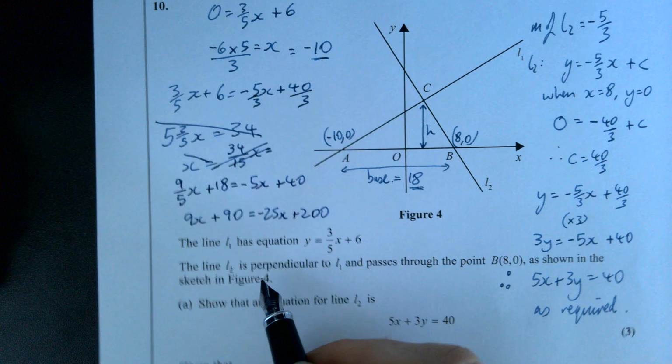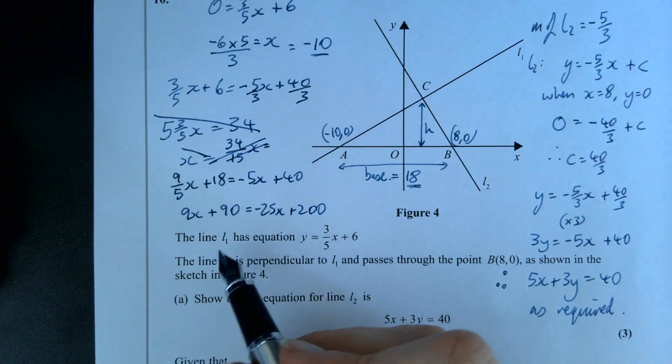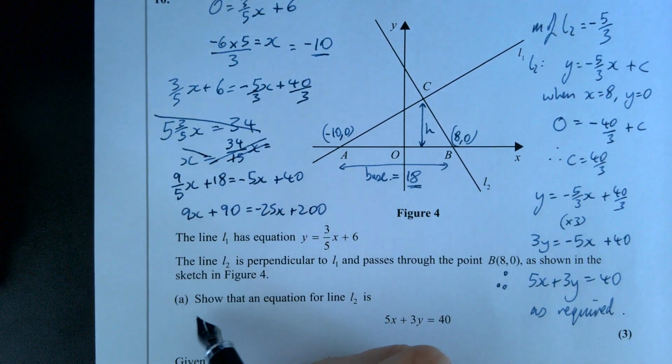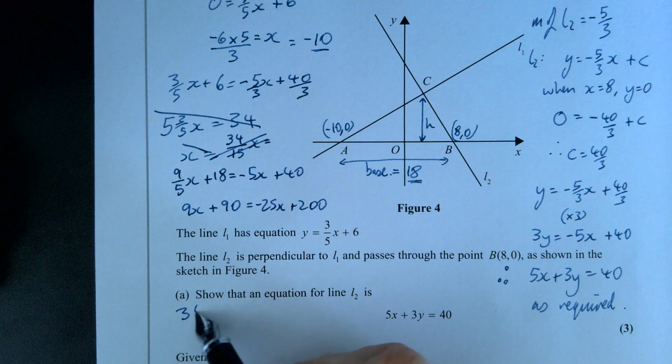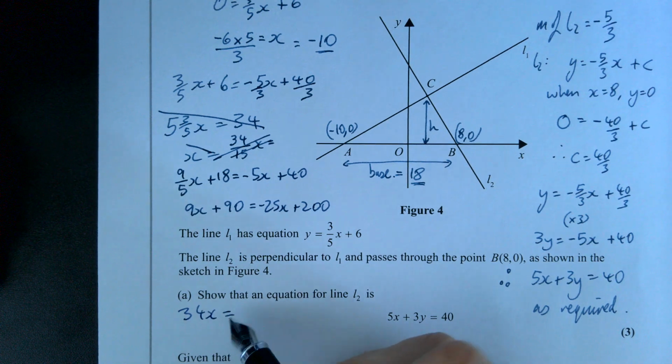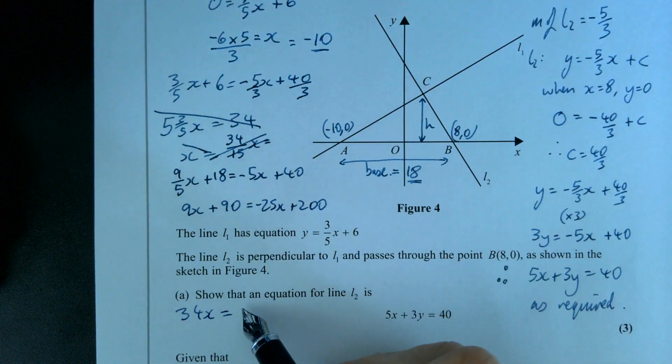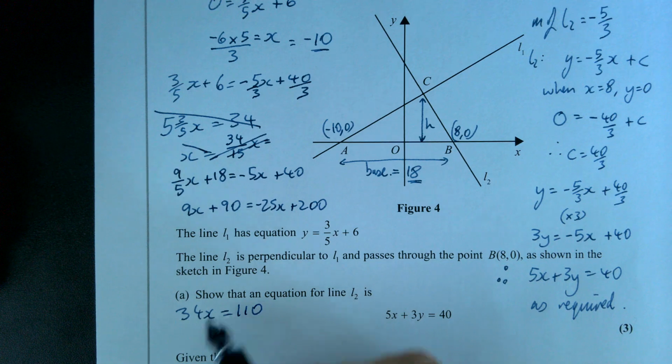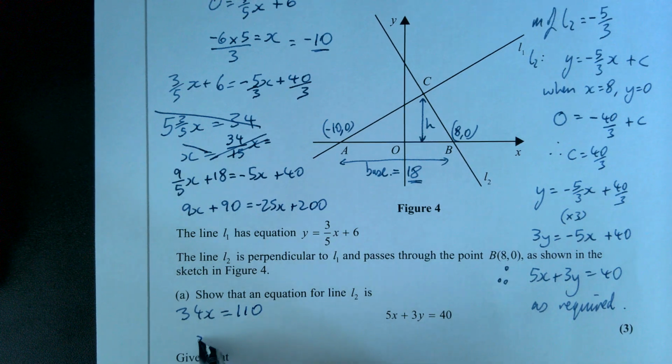Then if we go to solve that, we add 25x, we get 34x is equal to 90 away from 200, which is 110. Then divide by 34, x is going to be 110 over 34, which is 55 over 17.